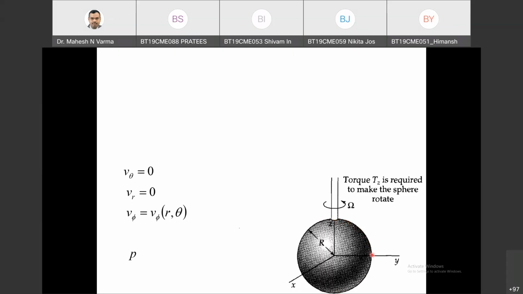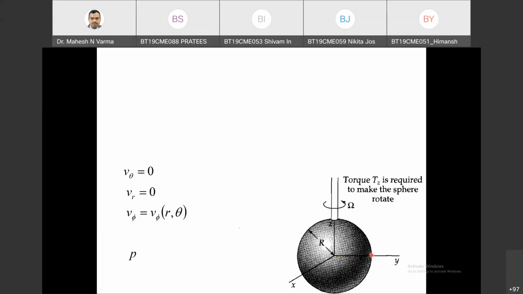It will be maximum at theta equals 90, again decrease to 0 at theta equals 180, again maximum at 270, again 0 at 360. So V phi is a function of theta.